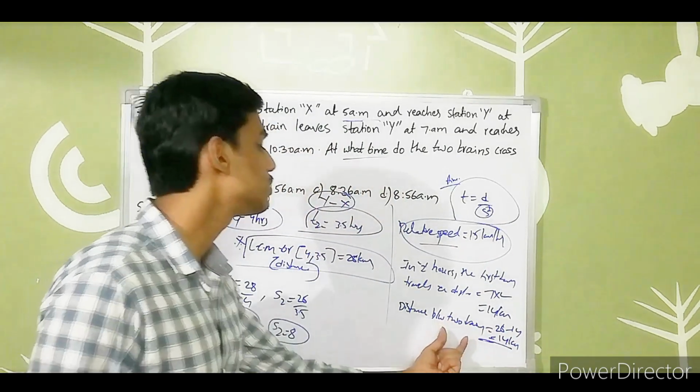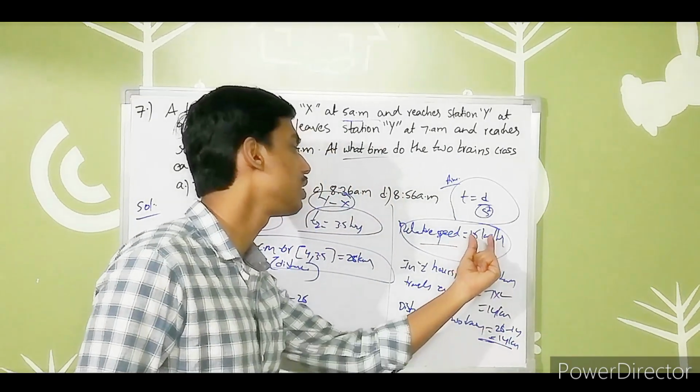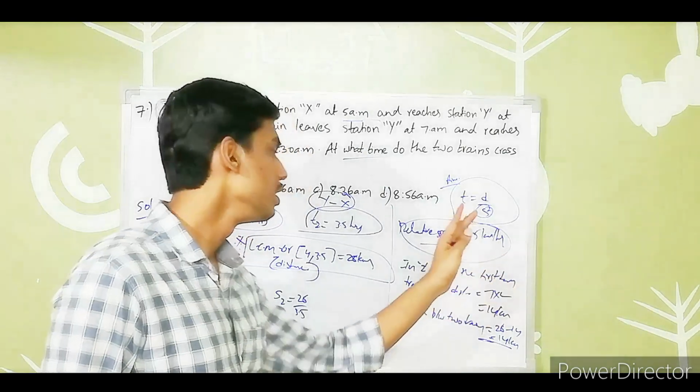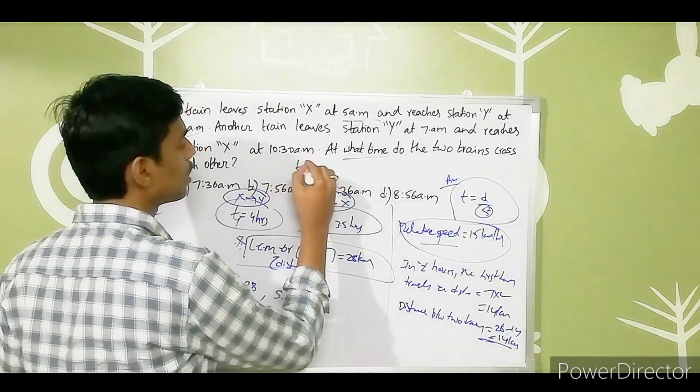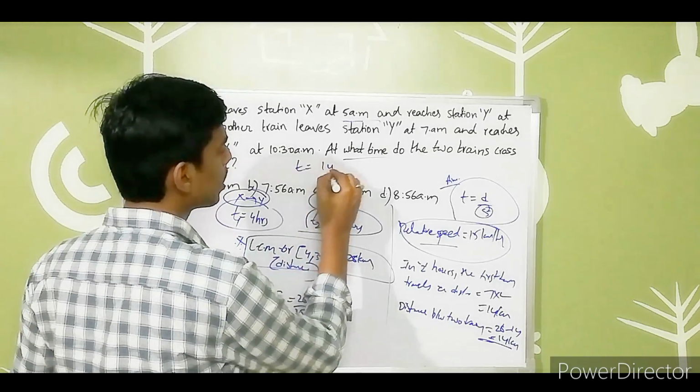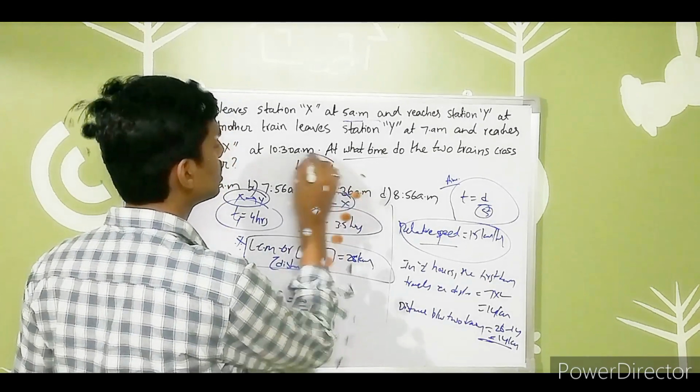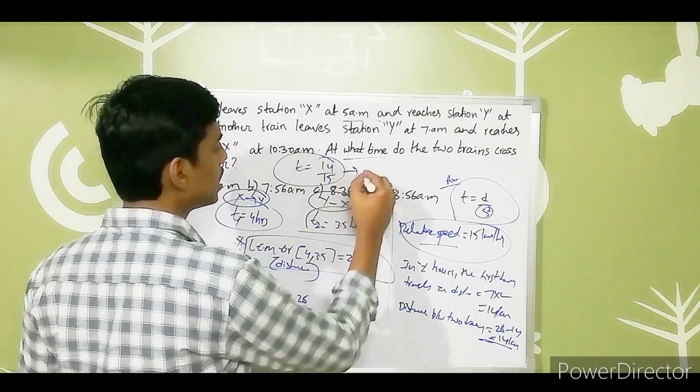As the distance between the two trains is 14 kilometers and the relative speed is 15 kilometers per hour, we can find the time. Time is distance 14 divided by speed 15, which gives 56 minutes.